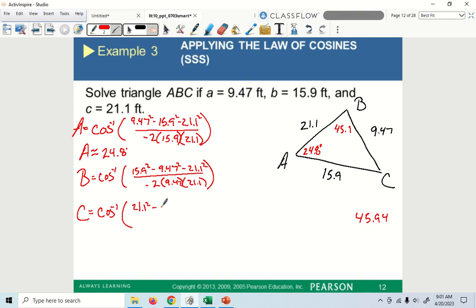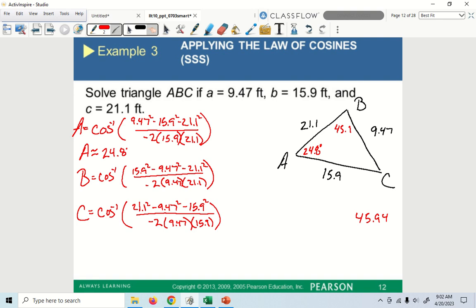I kind of do. 9.47 squared, and then minus 15.9 squared over negative 2 times 9.47 and 15.9. There you go. Good job. If you're doing C, you take the length of C, minus the other one squared, and then over negative 2 and the other ones.